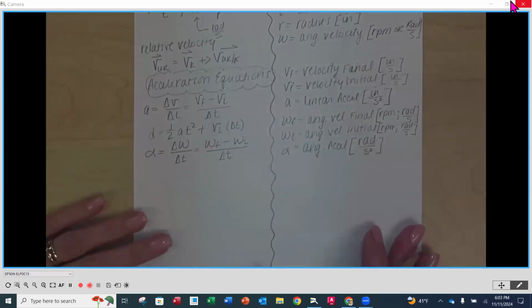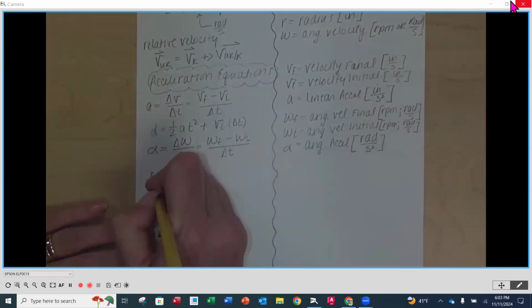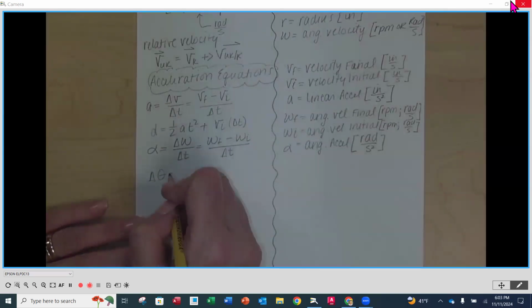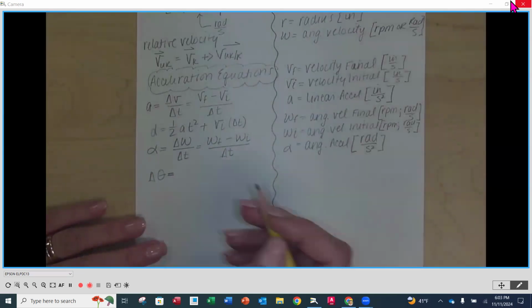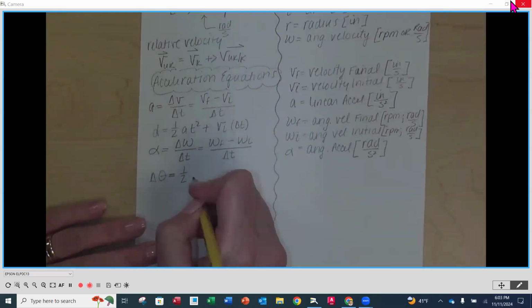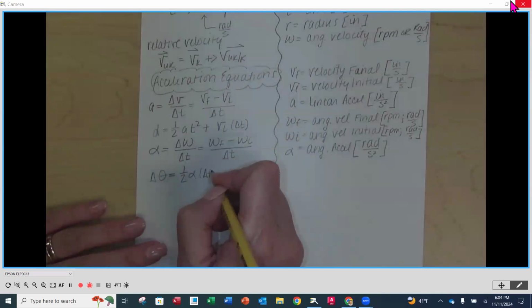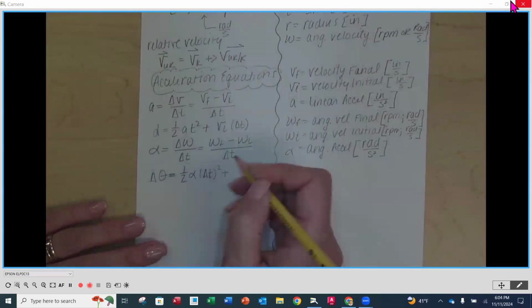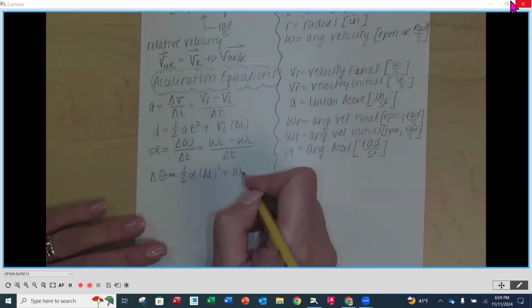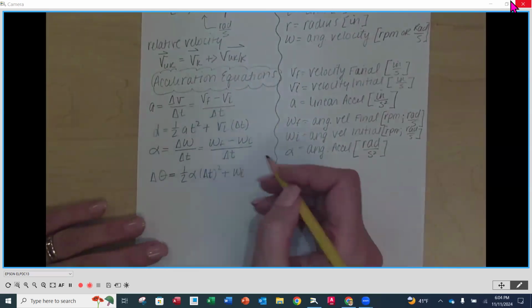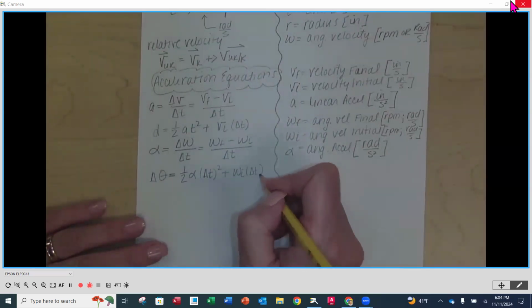And then lastly, angular displacement. So change in angle, change in theta, is going to be 1/2 angular acceleration times the change in time squared, plus angular velocity initial times the change in time.